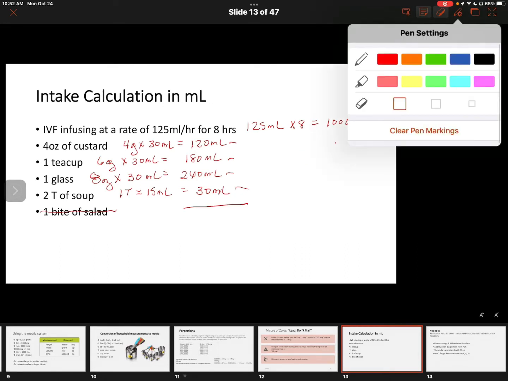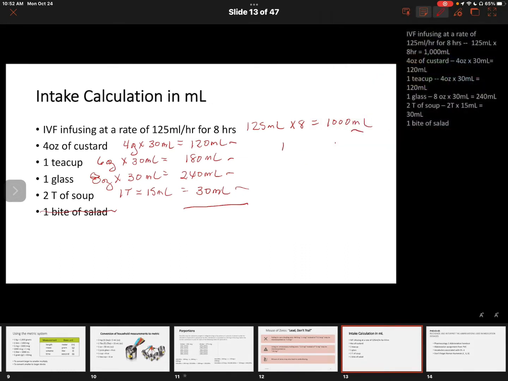To rewrite it: 1,000 milliliters, 120 milliliters, 180 milliliters, 240 milliliters, and 30 milliliters.